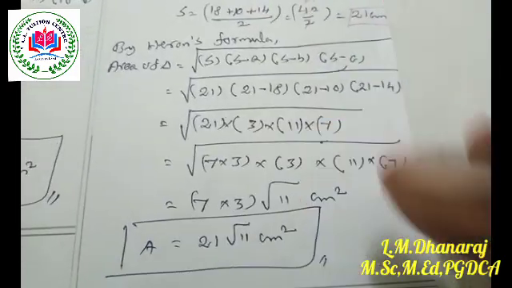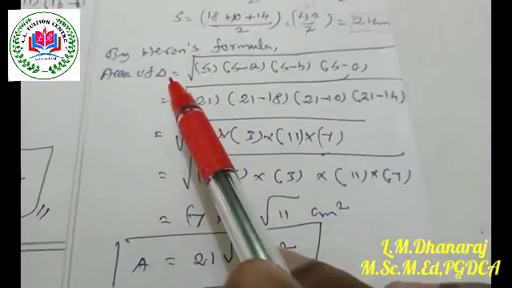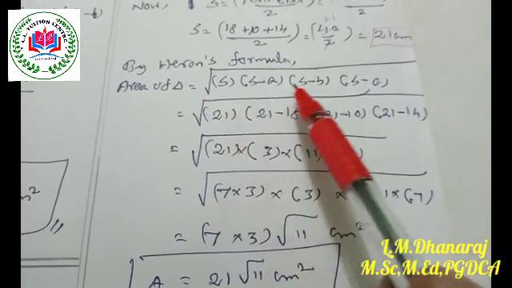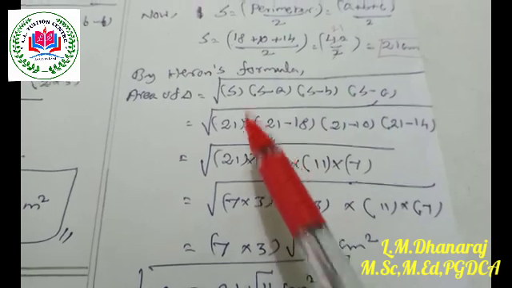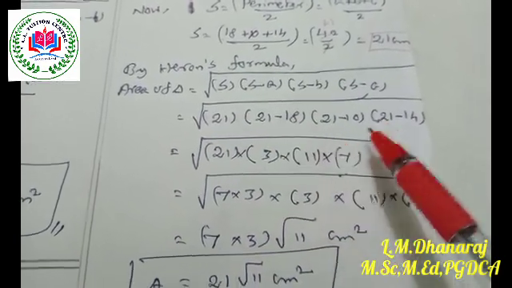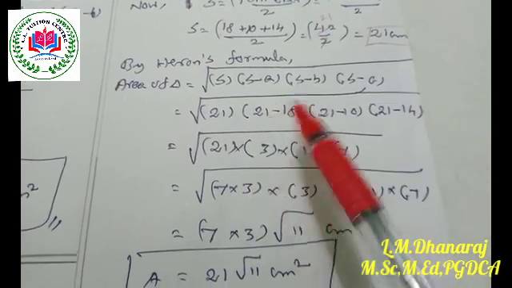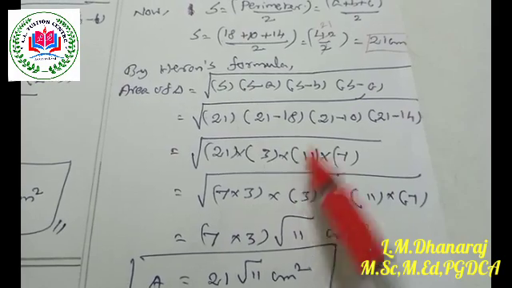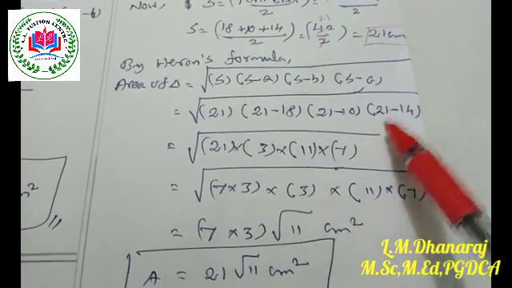Now let us apply Heron's formula. That is, area of triangle is equal to square root of S into S minus A into S minus B into S minus C. So 21 into 21 minus 18 into 21 minus 10 into 21 minus 14. By subtraction we will be getting 21 into 3 into 11 into 7.